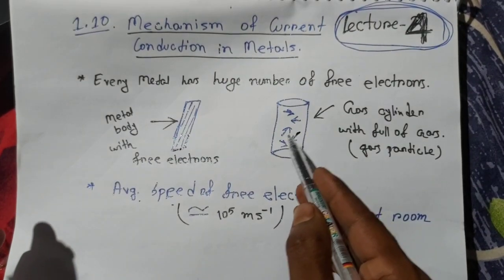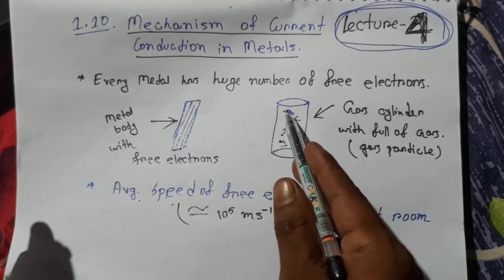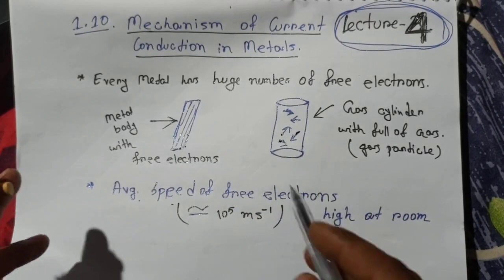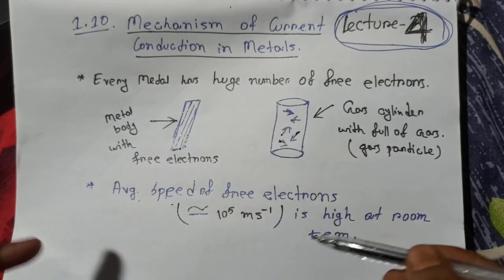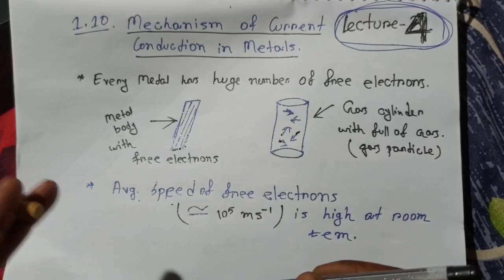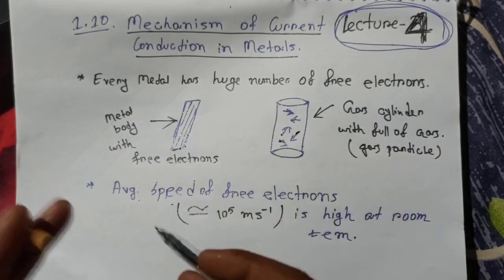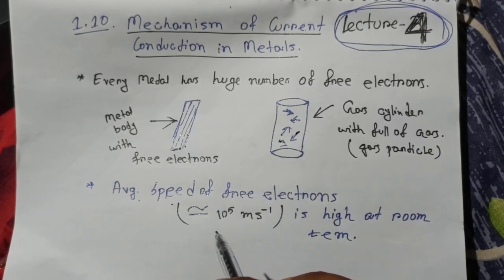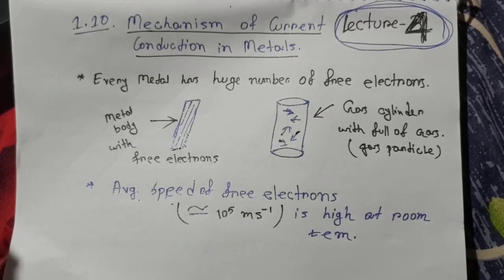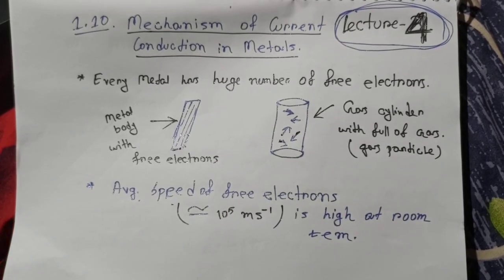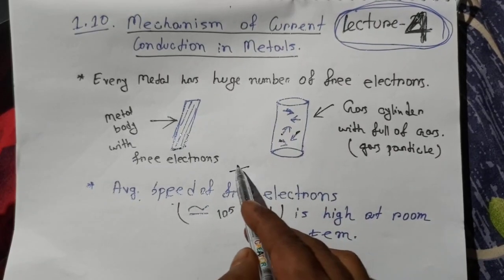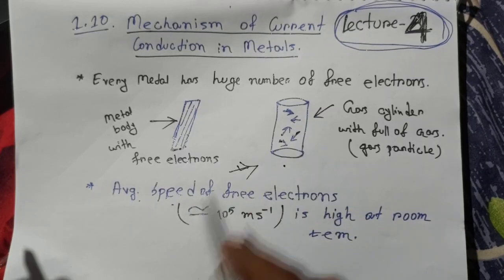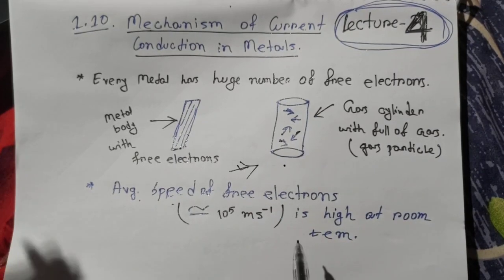Suppose this is one gas particle, this is one gas particle, these are all gas particles, they are colliding with each other, and their direction of flow is always changing because of collision after collision. So there is no particular direction, and the average acceleration of this collision is 0.